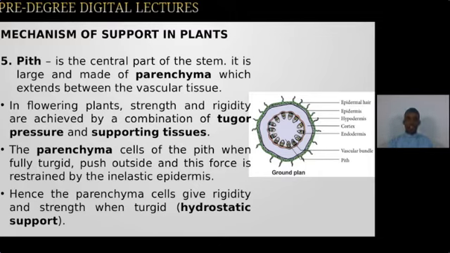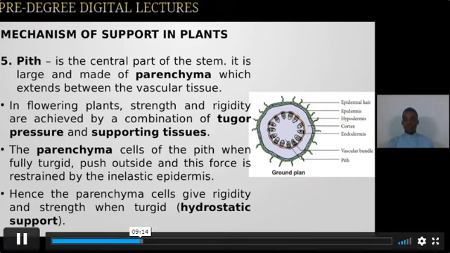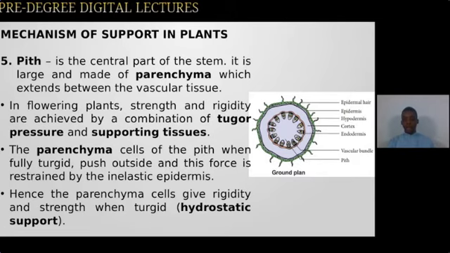Now, in flowering plants, strength and rigidity are achieved by a combination of these supporting tissues and also turgor pressure. So, for example, the parenchyma cells of the pith, when they are fully turgid, that's when they absorb water and they become round or full. In other words, turgid.